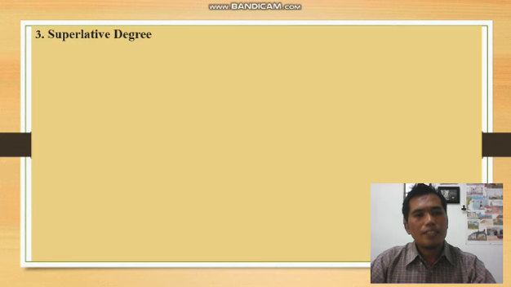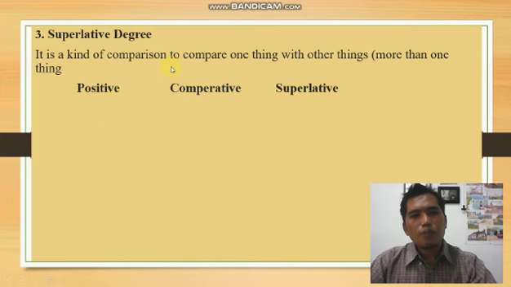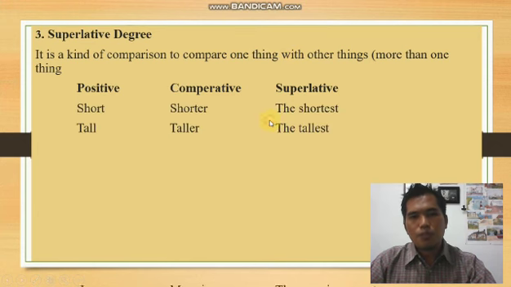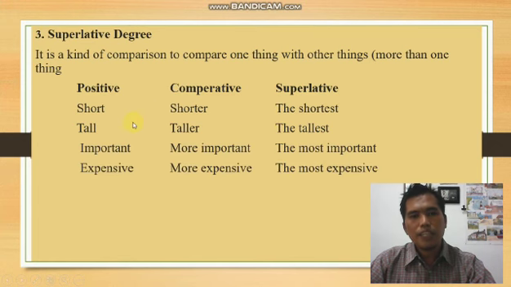The last one. This is the last kind of degree of comparison. It's called superlative degree. It is a kind of comparison to compare one thing with other things. So now we talk about superlative. We talk about the most. If the adjective has one syllable, then you have to put est to make the superlative.